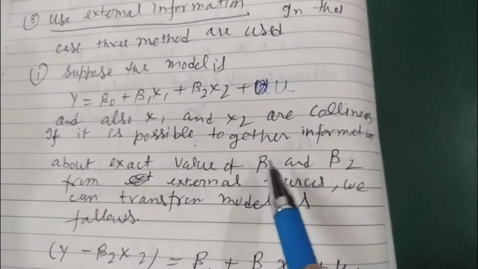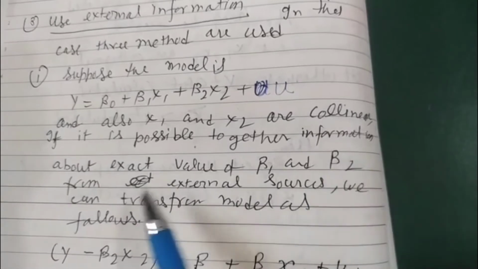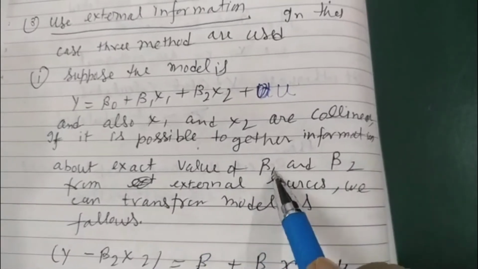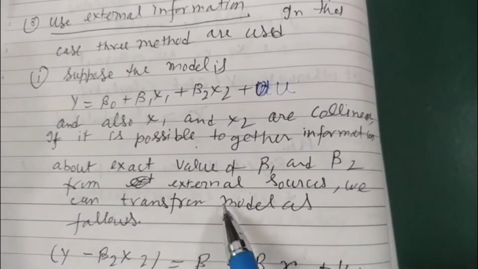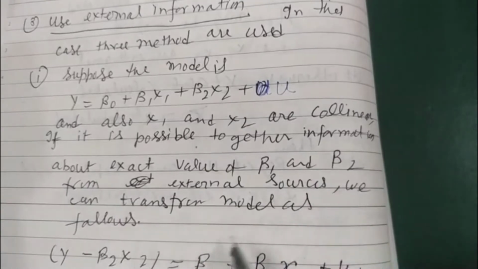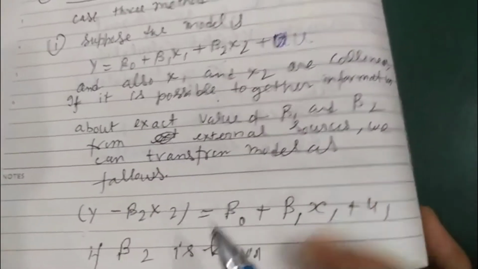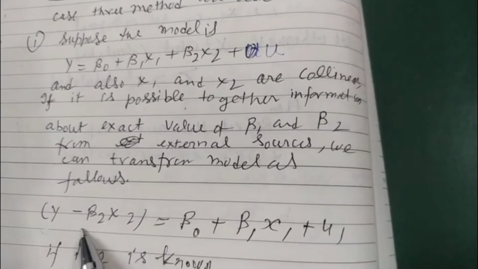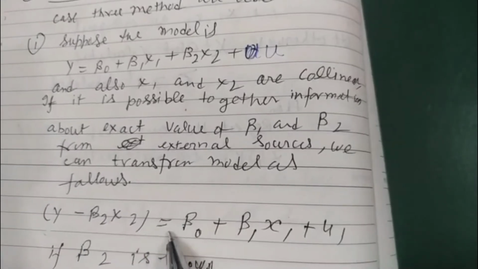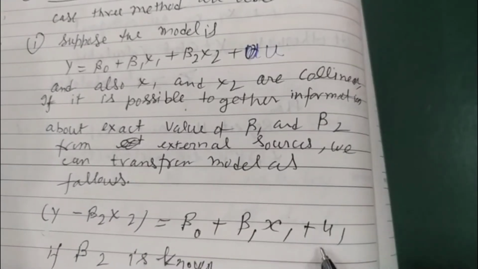If it is possible to gather information about the exact value of beta 1 and beta 2 from external sources, we can transform the model as follows: y minus beta 2 x2 is equal to beta 0 plus beta 1 x1 plus u. If beta 2 is known, we can put these values in.